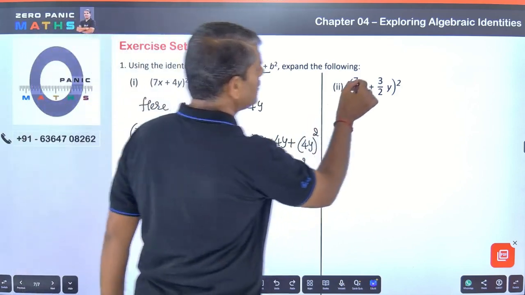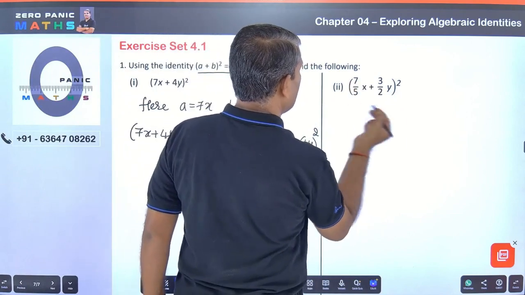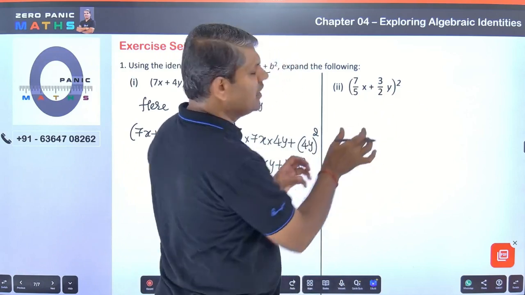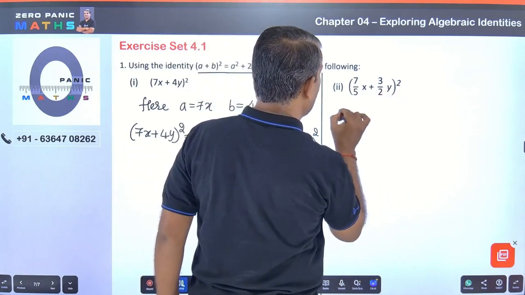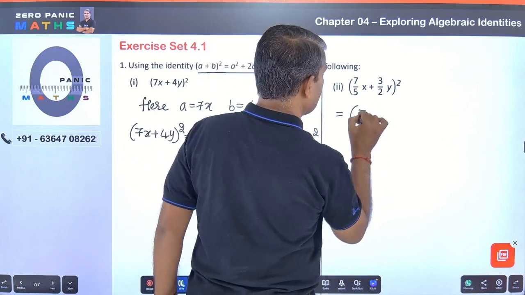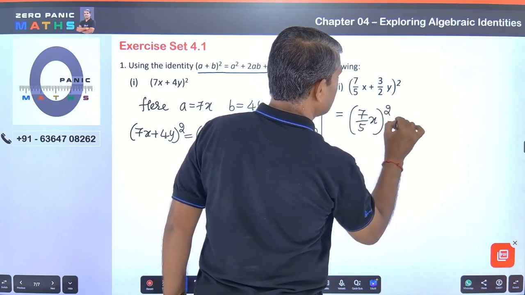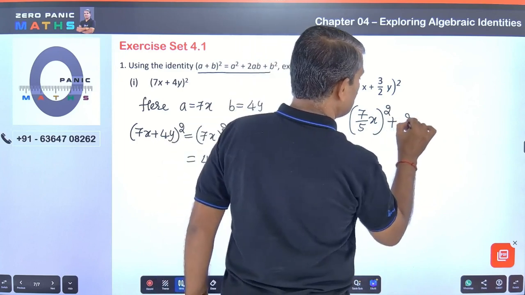Okay, now let us do it with these algebraic coefficients. Now I'll not write a is equal to, b is equal to. Let me write this directly as (7 by 5 x) whole square, that is a square, plus 2ab.